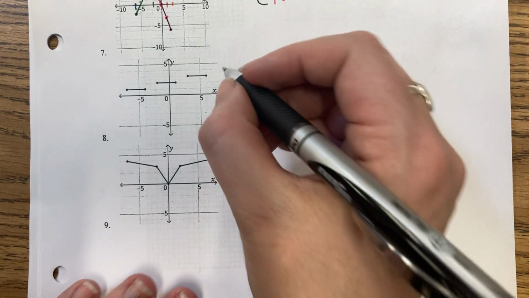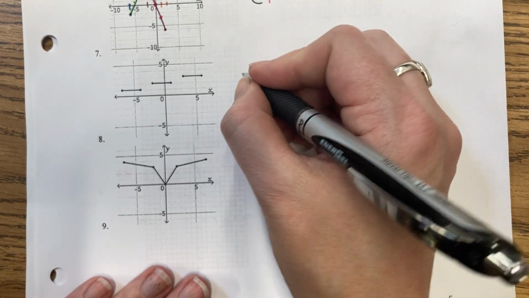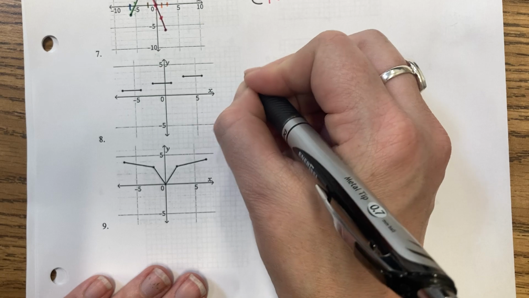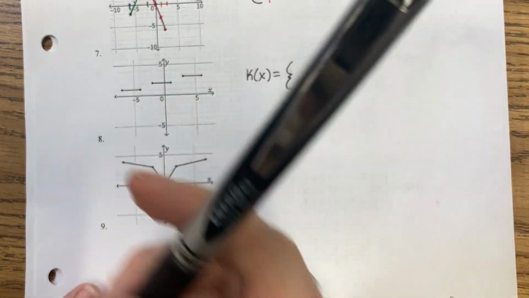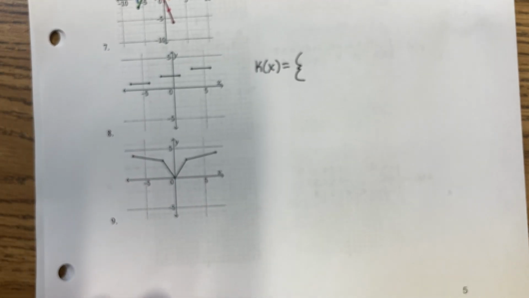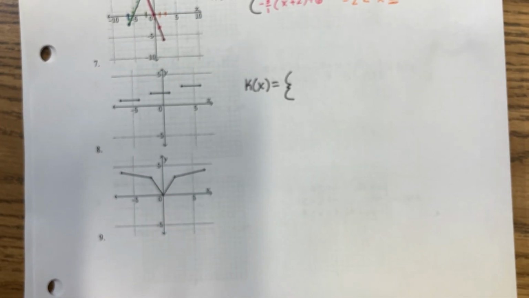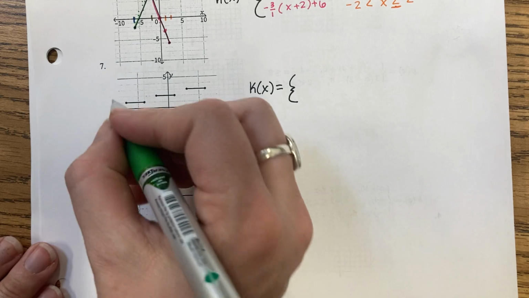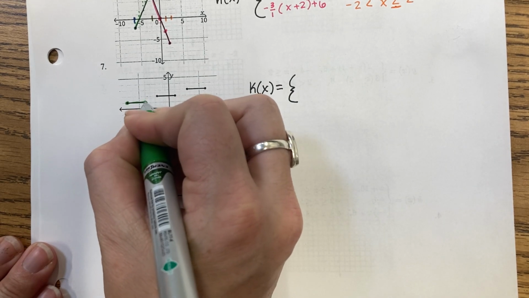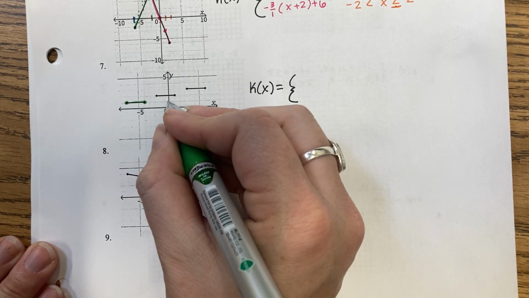Okay, next. Ooh, I have 3 different pieces on this one. Okay, so from here to here is at a height of 1.